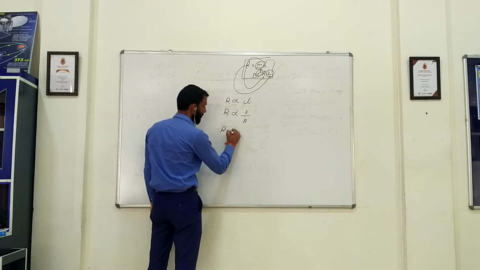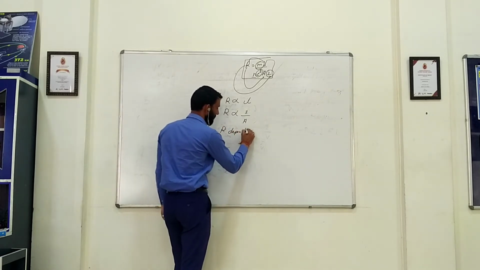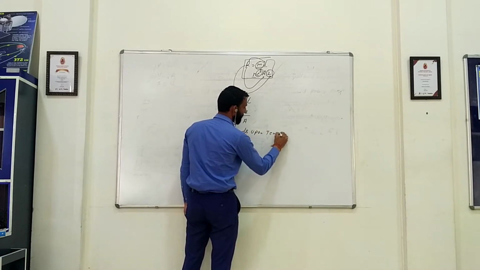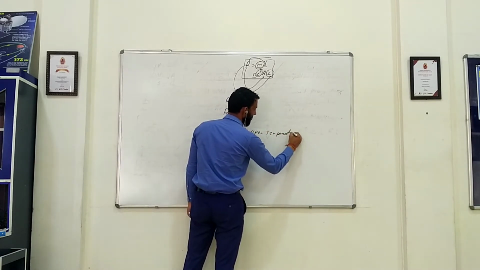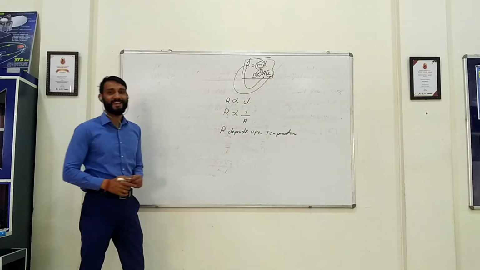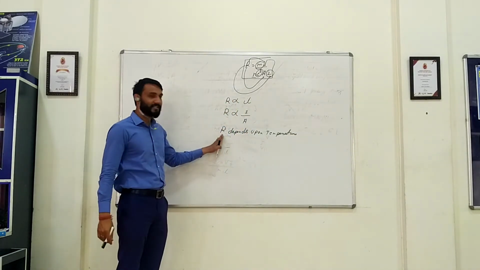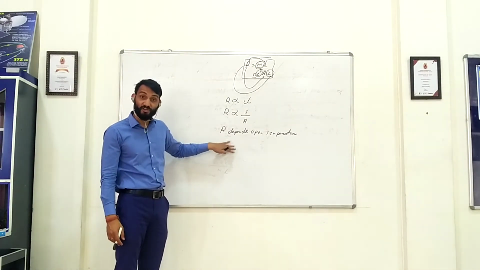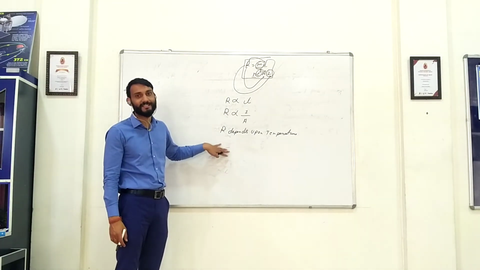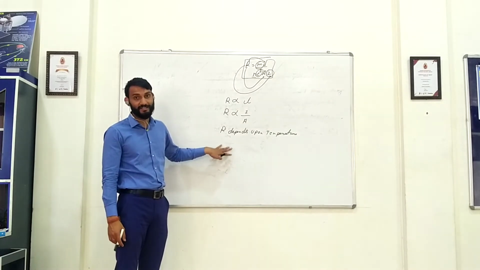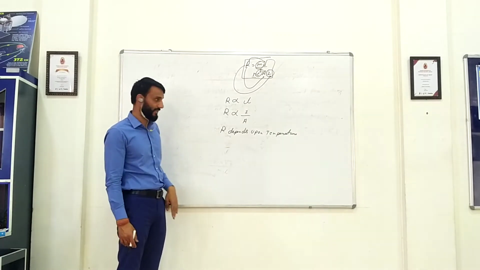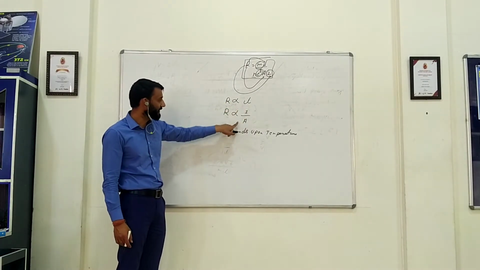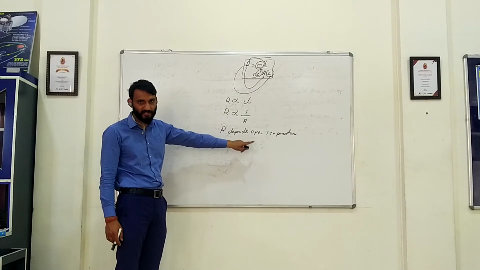We discussed that the value of R increases with temperature for conductors, and the value of resistance decreases with temperature for semiconductors, right? So R is directly proportional to L, R is inversely proportional to A, and R depends upon temperature.